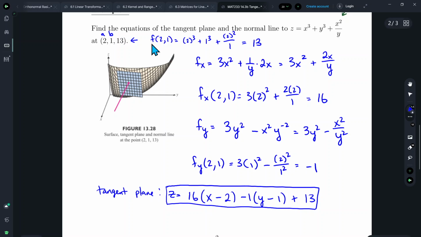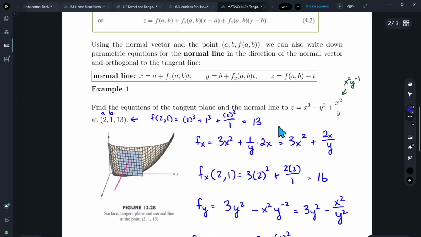And now we're also asked to write down parametric equations for the normal line. So let's do that here. So if you remember, the same information goes into the normal line, right? So the coordinates of the point is the point for the normal line. So the x coordinate is 2, and then the coefficient of t comes from the normal vector, right? So which is this, and then this, and then minus 1, right?